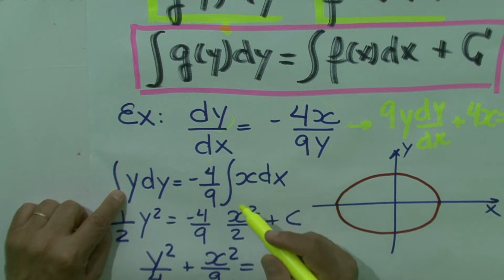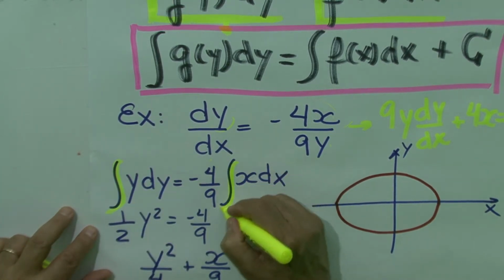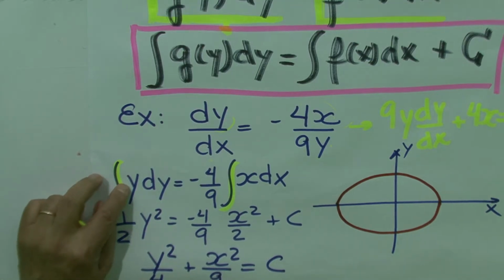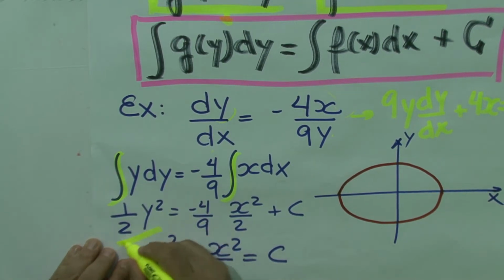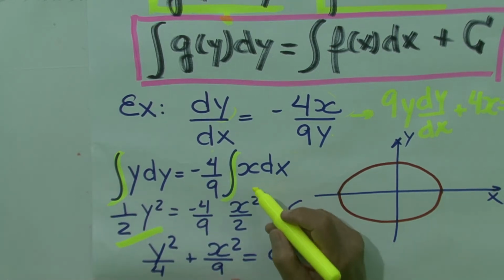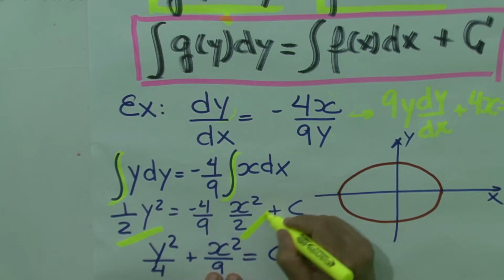And now I integrate. So I make the integration on both sides. Y dy, what's the integral of y dy? It's half of y squared. And what is the integration of x dx? It's half of x squared.